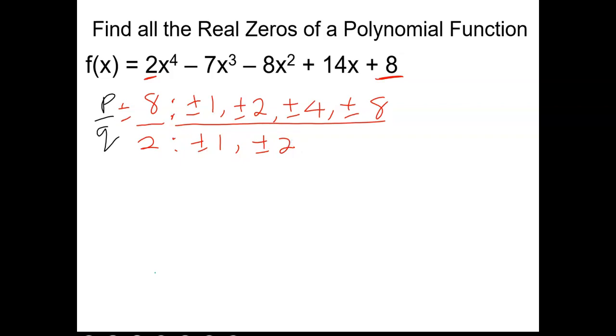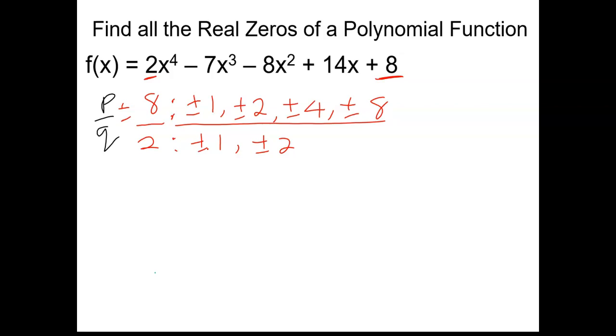And now, to find the possible rational zeros for this polynomial, we're going to take all the possible ratios for the top and the bottom combined.